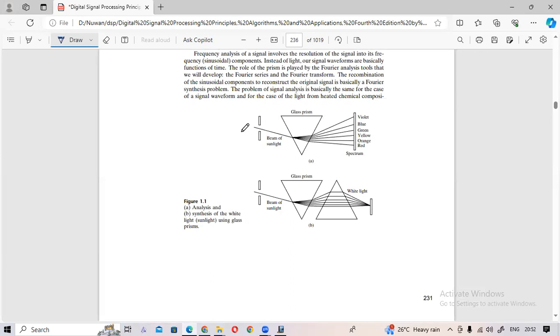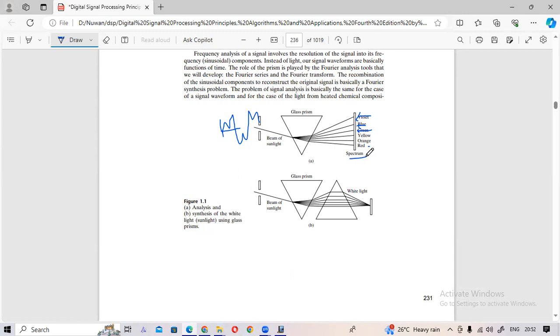If you send another type of signal, maybe not sinusoidal, maybe this kind of repeated signal, you will have several frequency components. By the prism, the several frequencies are separated. Red color has a frequency, orange color has a frequency, yellow color has a frequency. So this prism divides the frequency components, and that is what we call the spectrum.